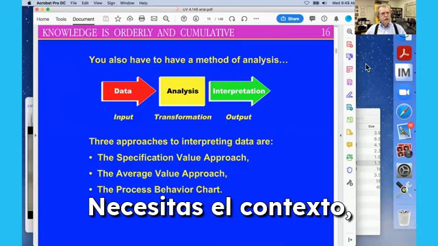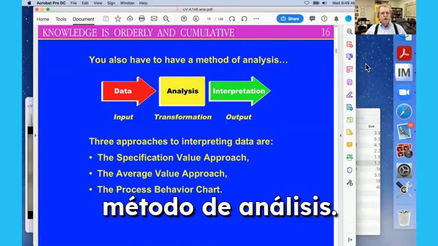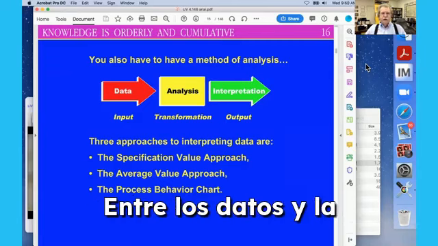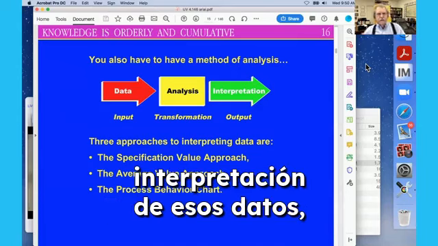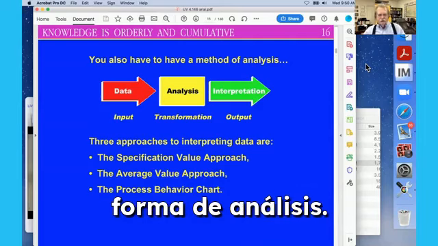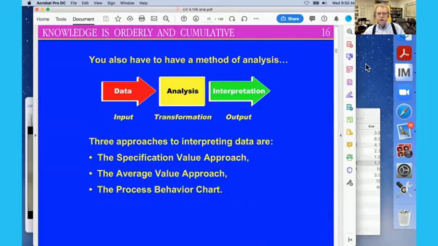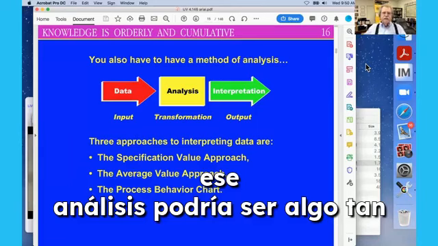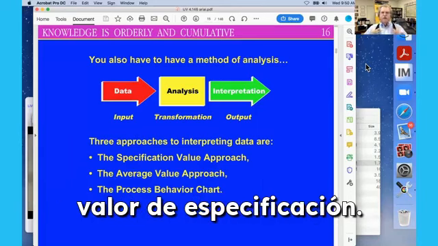You need the context, but you also need a method of analysis. In between the data and the interpretation of those data, there will always be some form of analysis. Now, that analysis might be something as simple as the specification value approach.